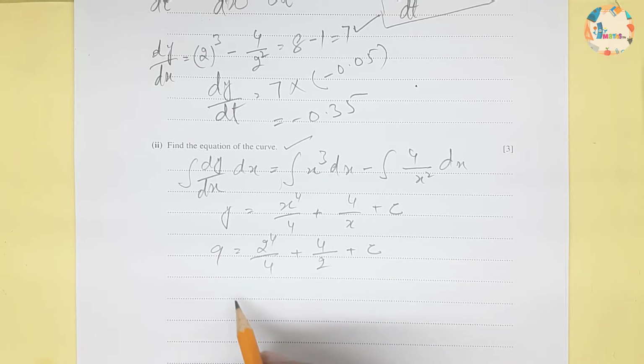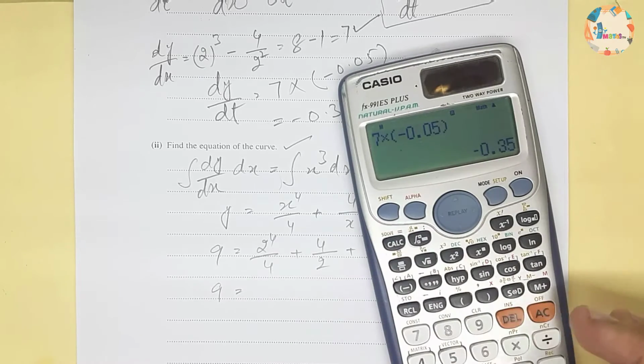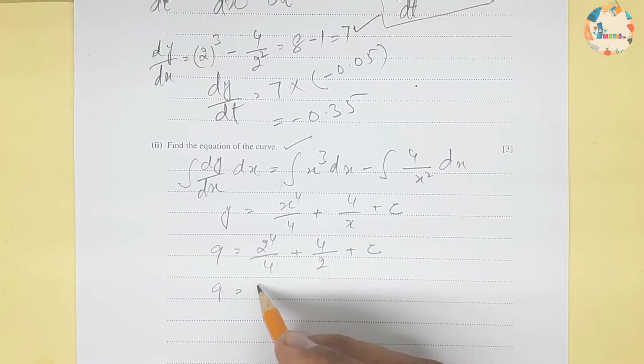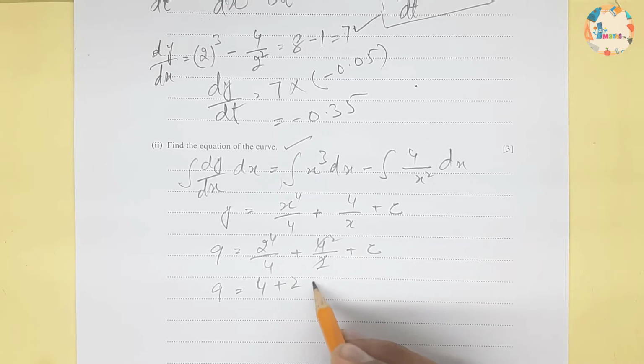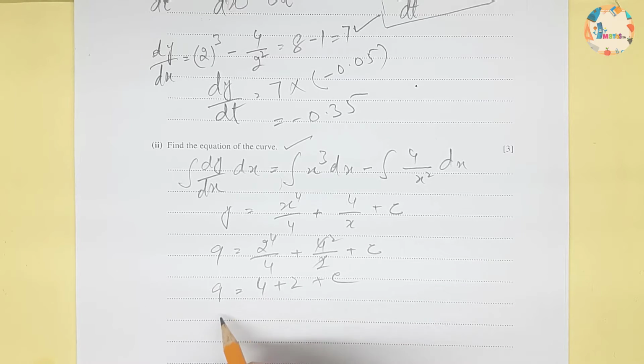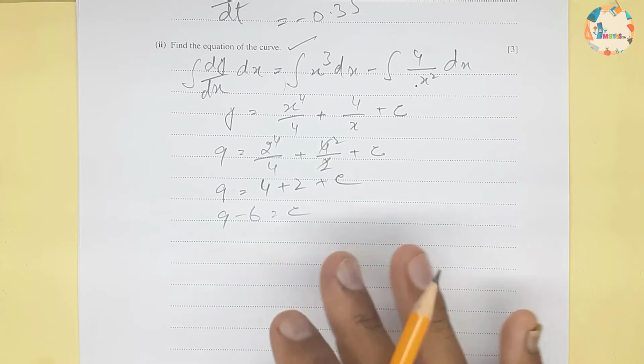Now we can simplify. 2 raised to the power 4 will be 16. So 16 divided by 4 will be 4, and plus this will be 2. So 2 plus c. So this will be 6. So 9 minus 6 is equal to c. So it means c is equal to 3.